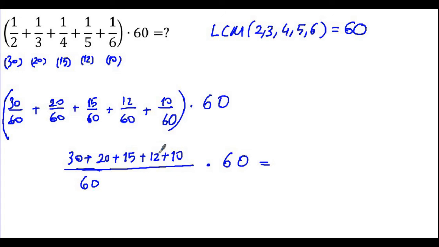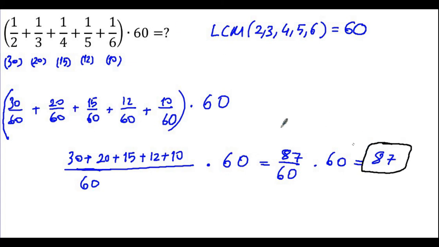So 75, 77, and 87. This is 87 over 60 times 60. So we can actually simplify these 60s, and we are going to get 87. 87 is going to be our answer.